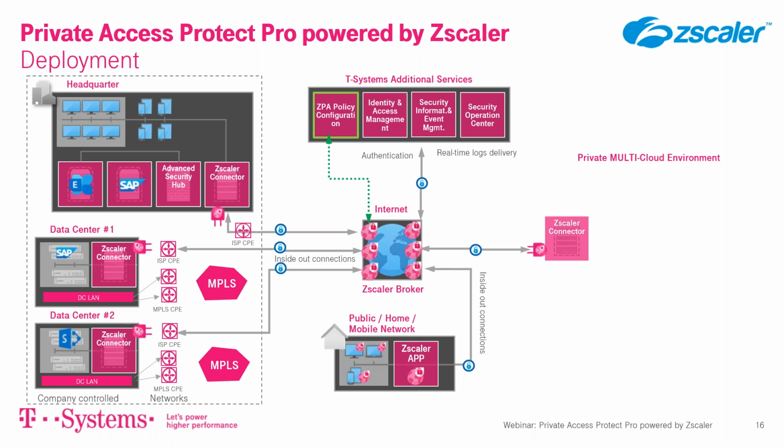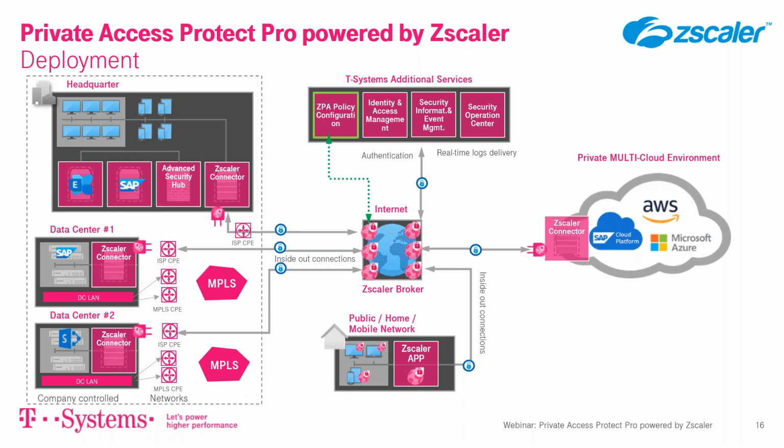What you always need to keep in mind is that private access is a cloud solution, so we have quite a few steps to do before we can really integrate it into your existing infrastructure. And we as T-Systems want to support our customers to do exactly that. This starts by, for example, deploying Zscaler connectors in your own data center or in a cloud environment, for example Microsoft Azure or AWS.